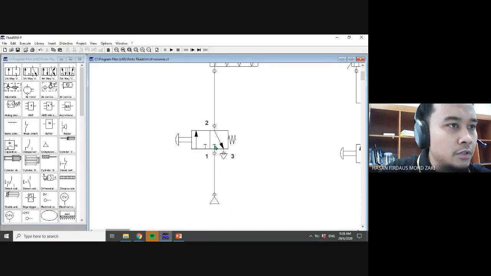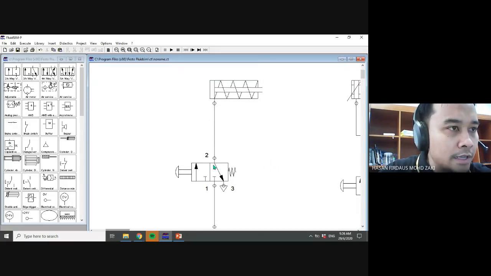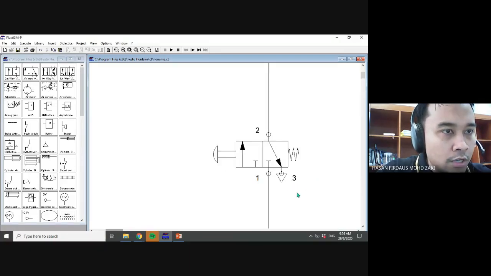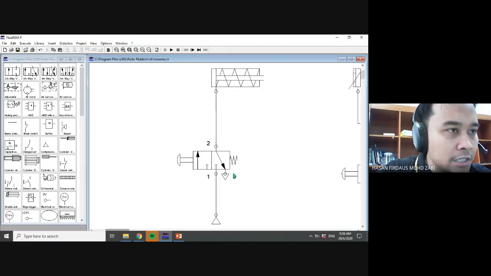In the initial position, port 1 is blocked, so the air from the source cannot go through. The air goes from the cylinder to port 2 and then to port 3, which eventually goes to atmosphere. So in the initial position, our single acting cylinder is in retracted position.